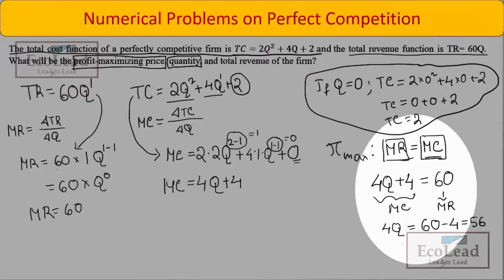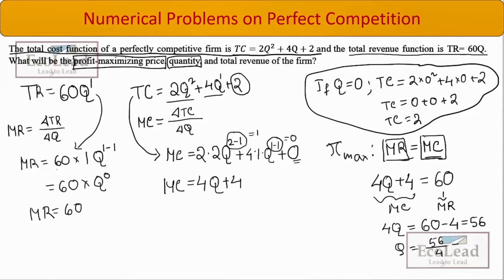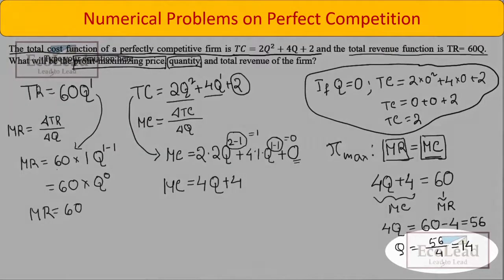So Q will be 56 divided by 4, or we can write it as 14. So our profit maximizing output is 14.